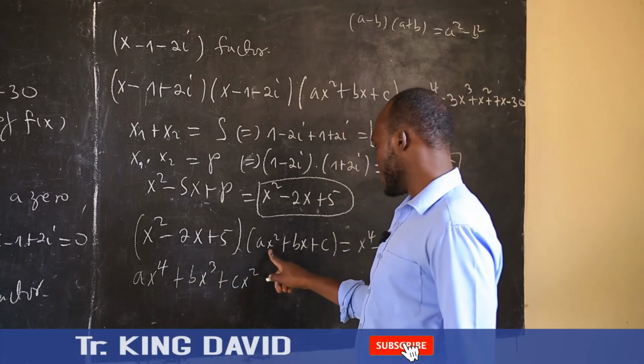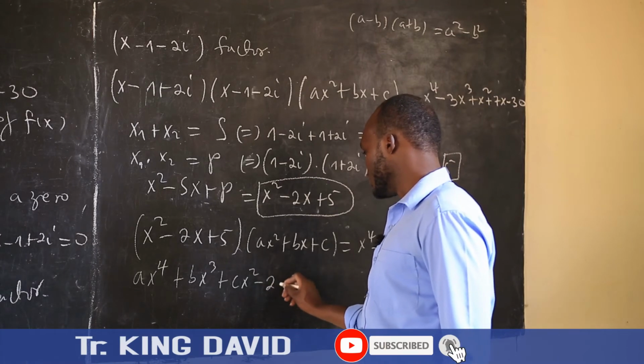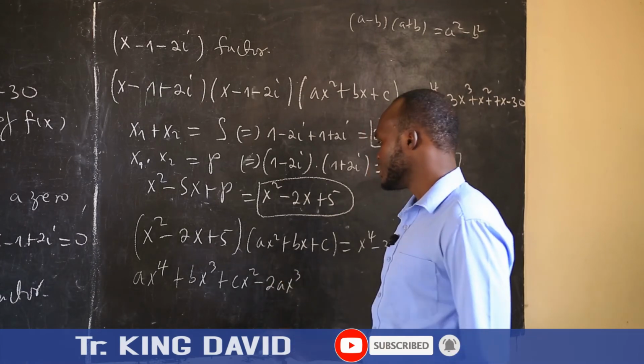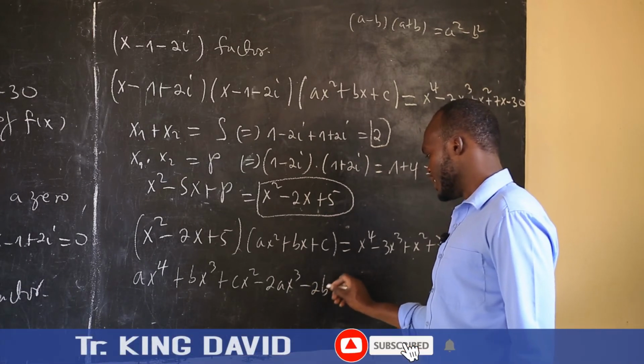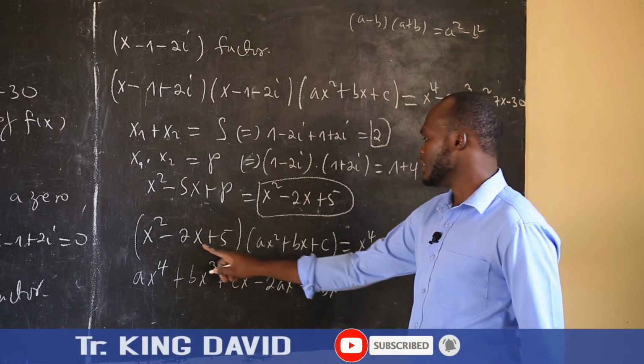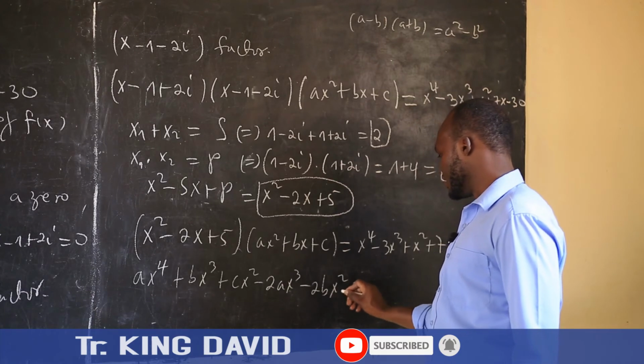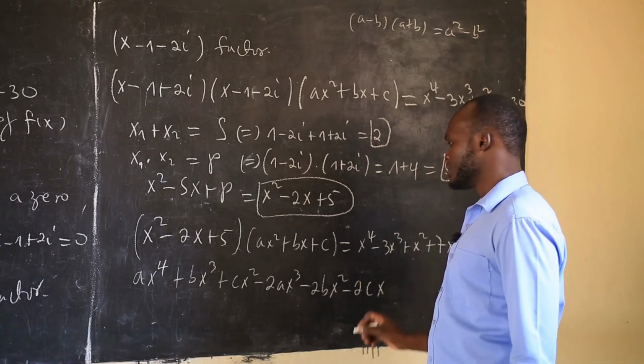Negative 2x times ax squared, that is negative 2ax power 3. Negative 2x times bx, that's negative 2bx squared. Negative 2x times c, that's negative 2cx.